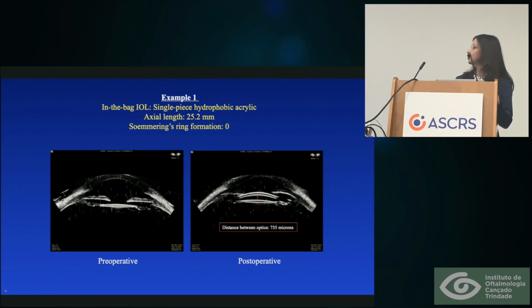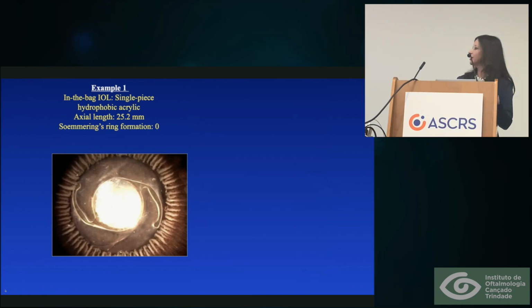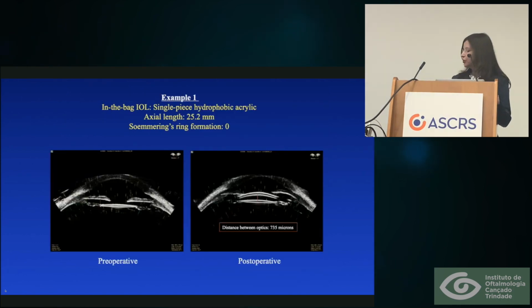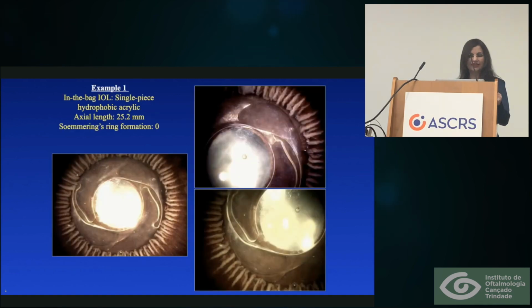You have a very good result with both IOLs centered and no tilt, and you can see an appropriate distance between both lenses because of the convex-concave configuration of the Sulcoflex. Here you see the same eye from a posterior view, and because there is no Soemmering ring formation, you can see the loops of the Sulcoflex going to the sulcus. That's a beautiful result.